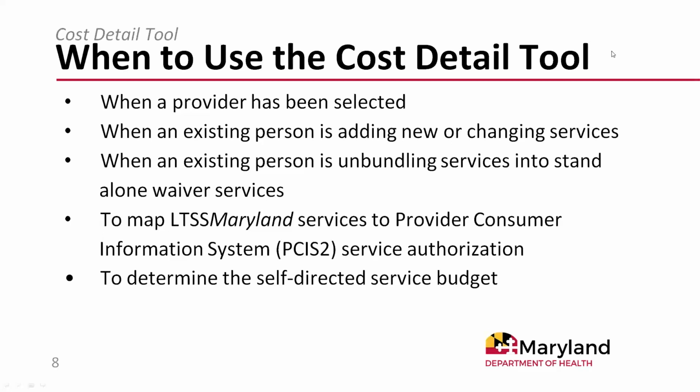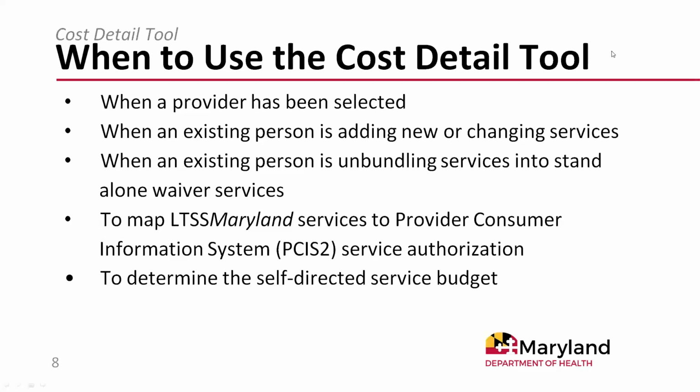And I know you already answered this, Rhonda, but it's been asked about 8 more times. Can the cost detail be used to unbundle respite or transportation from personal supports? The answer is yes. So the cost detail tool should be used to indicate the services. As Renee has shared, under support services, there are various services listed separately.